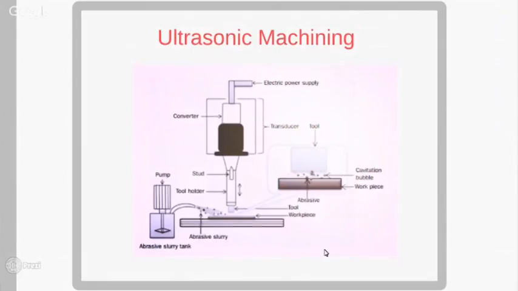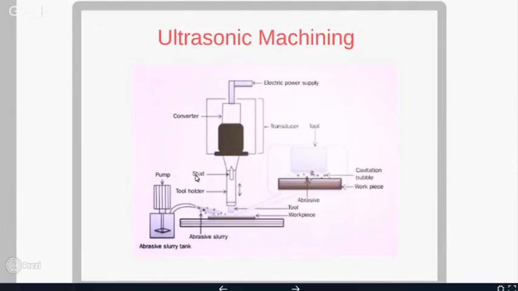Okay. Next are some unconventional machining processes for composite materials. In this one, we discuss ultrasonic machining. These are some figures from my book. Here you have the tool holder, the converter, and the ultrasonic transducer.